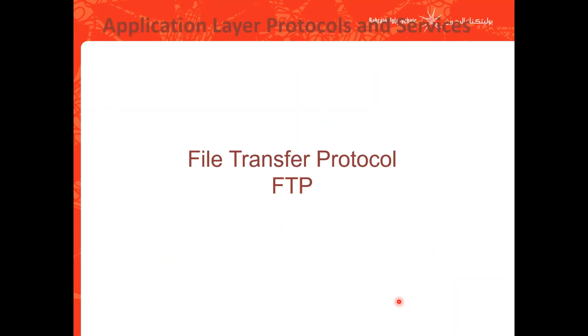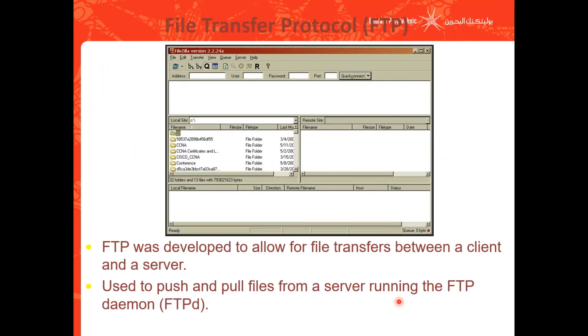Okay. The next one is file transfer protocol. This is nothing but file transfer. It was developed to allow file transfers between client and server. So let's say you build a website, you need to put all the files for that website on a server so that people can access it, just like how we discussed the HTTP protocol, right? But how do you send those files from your laptop or your computer to the server?